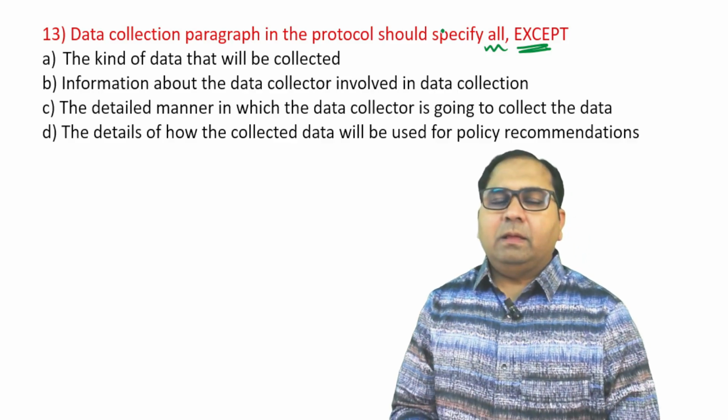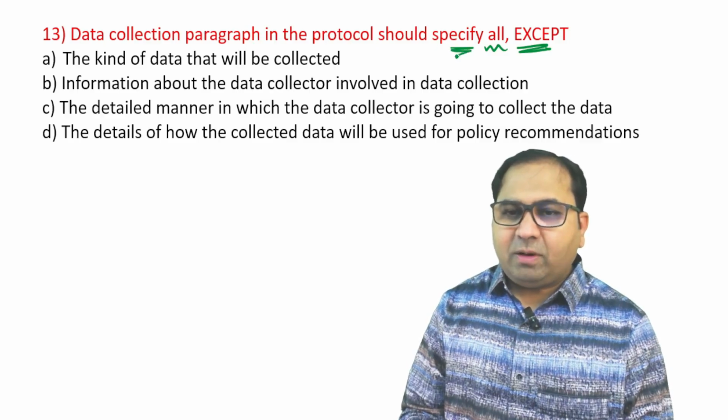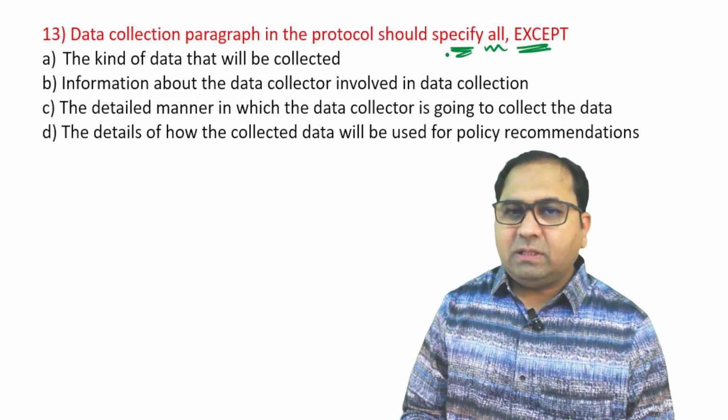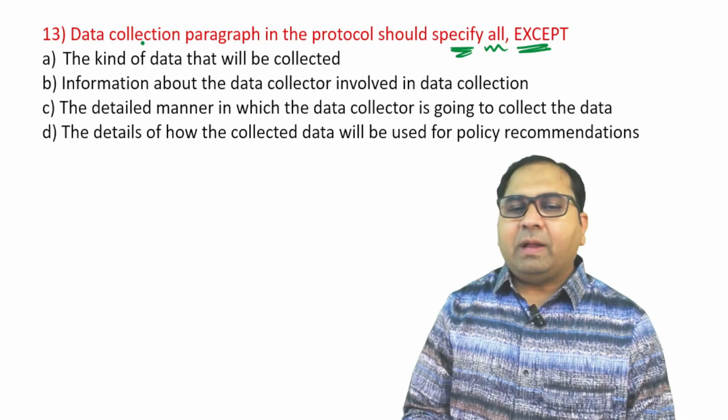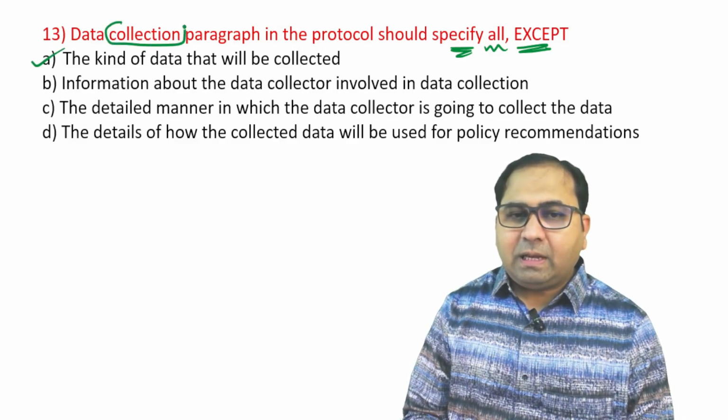So, the data collection paragraph in the protocol should specify all these three except one. Let us see the options again. The kind of data that will be collected. Yes, they are speaking regarding the data collection.